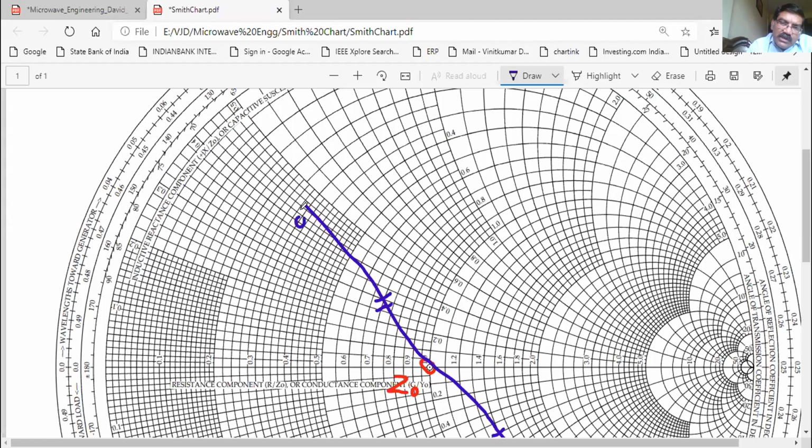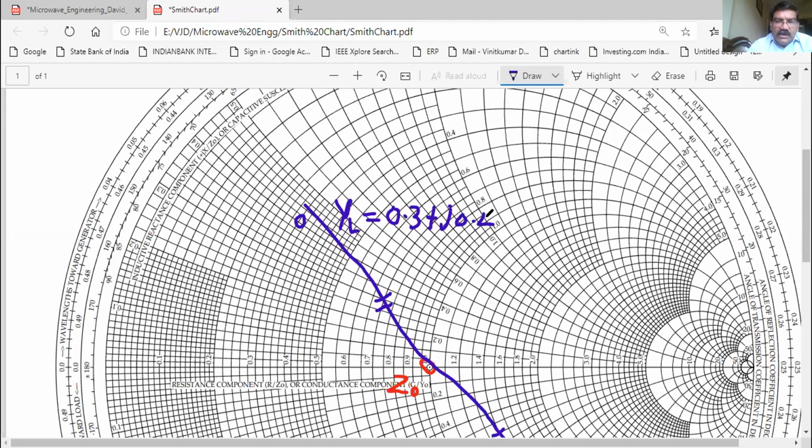This is your YL, and you should verify you are getting YL equals 0.3 plus J 0.4.